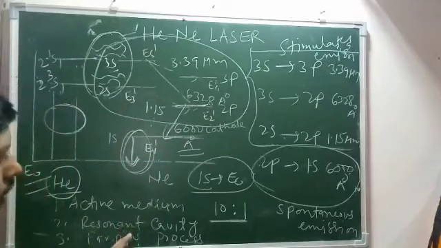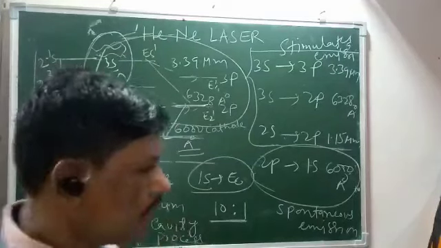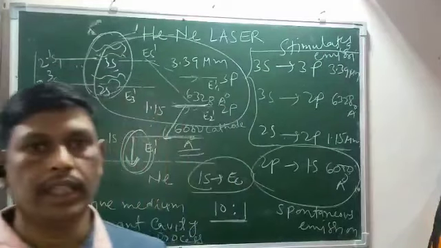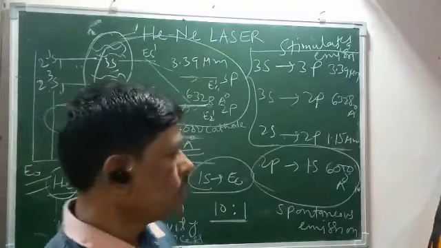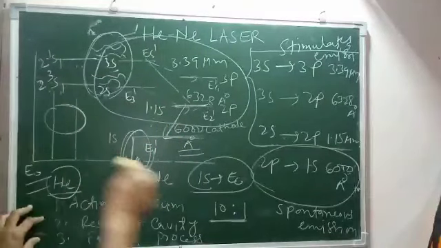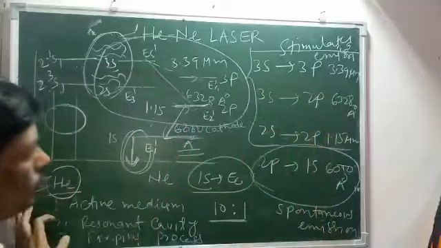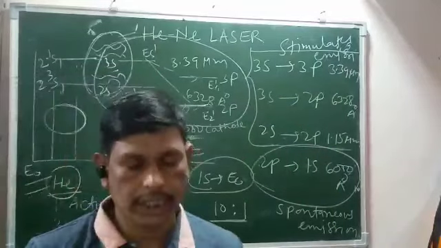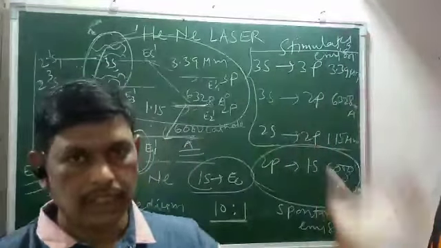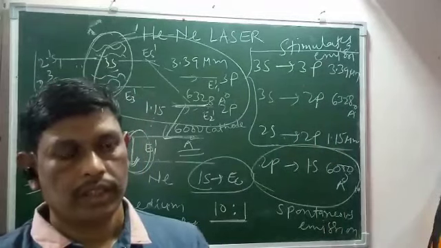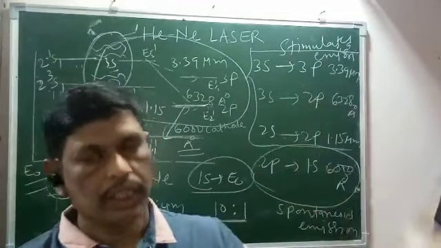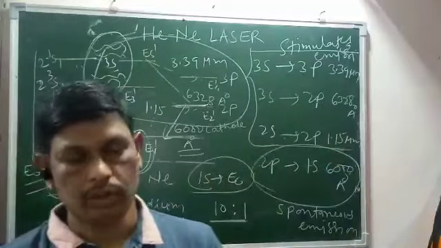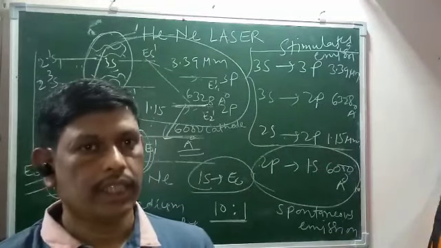The energy level diagram of a helium neon laser is very complicated, but understanding the transitions from helium to neon and neon to helium is very interesting.